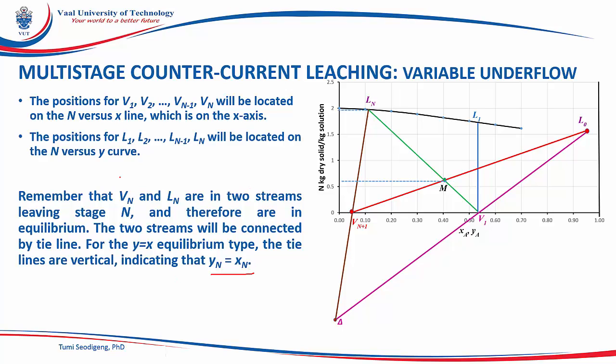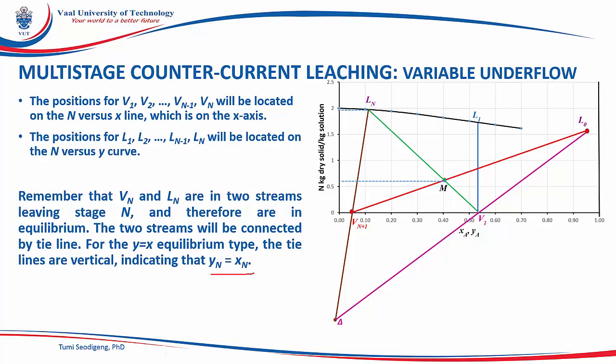So the composition of the solution that is entrained in the underflow leaving stage n is equal to the composition of the overflow of stage n. So the composition of Vn is equal to the composition of Ln. Let's carry this forward to show you how this continues.